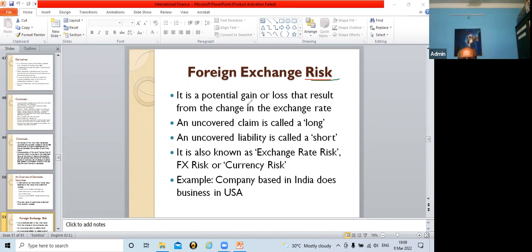If you compare the last 10 days rate between dollar and rupee, what is happening to the rupee? Is it depreciating or appreciating?